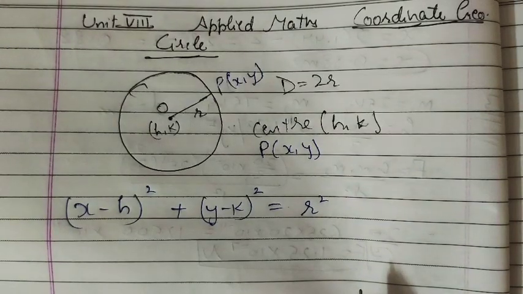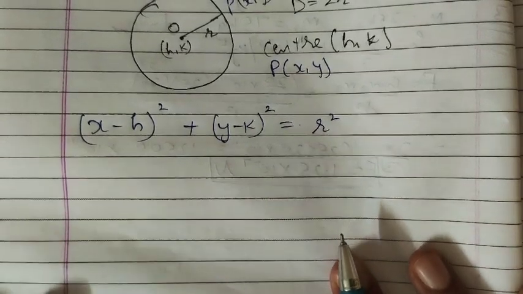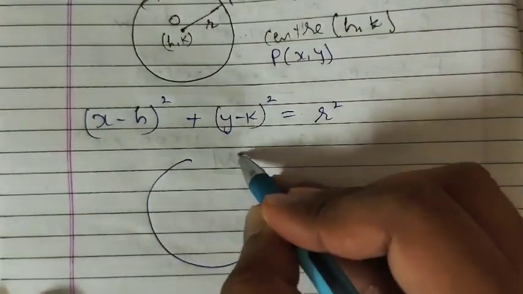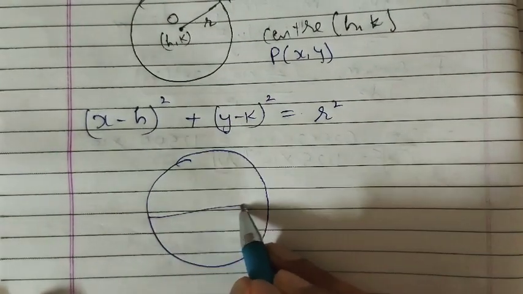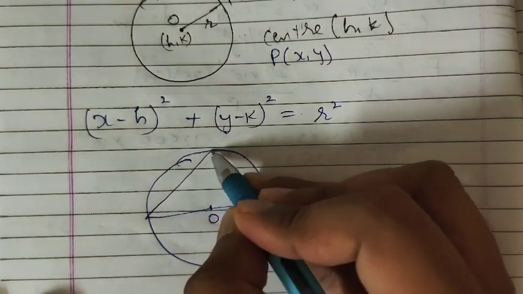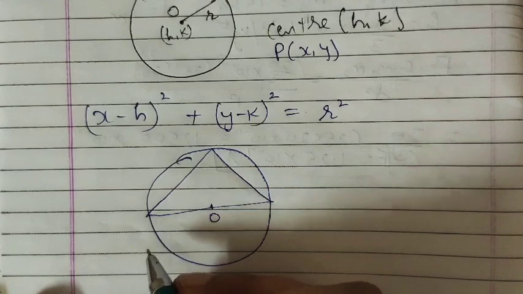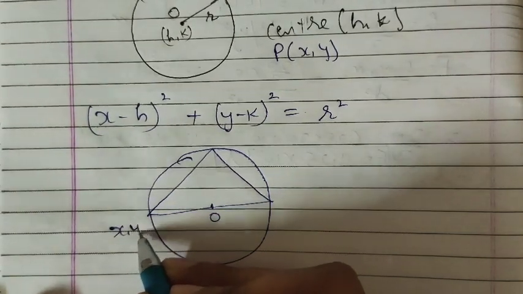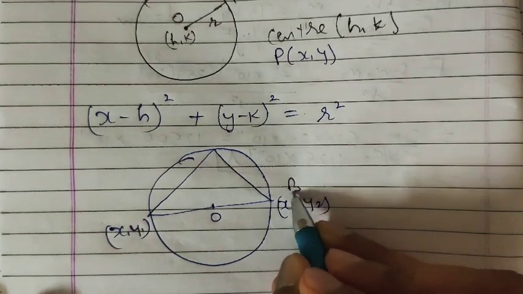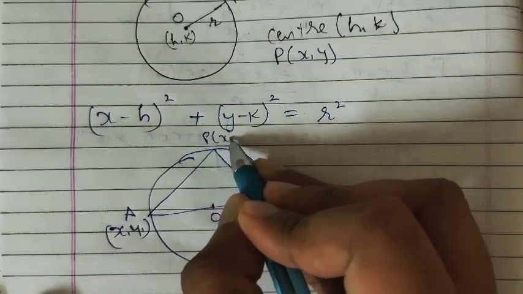The equation of a circle, the end points of whose diameter are given. Suppose we have a circle, and this is a diameter of the circle with center O, and its end points are given. Let's say this is x1 comma y1, this is x2 comma y2, and there is another point p, x comma y.